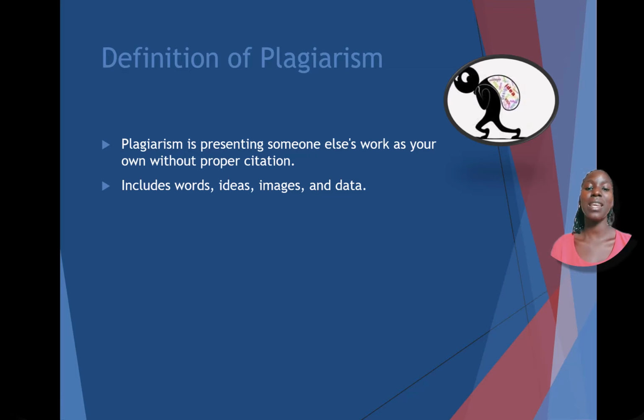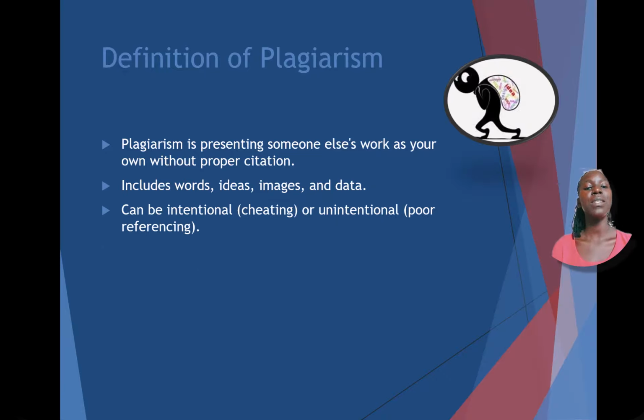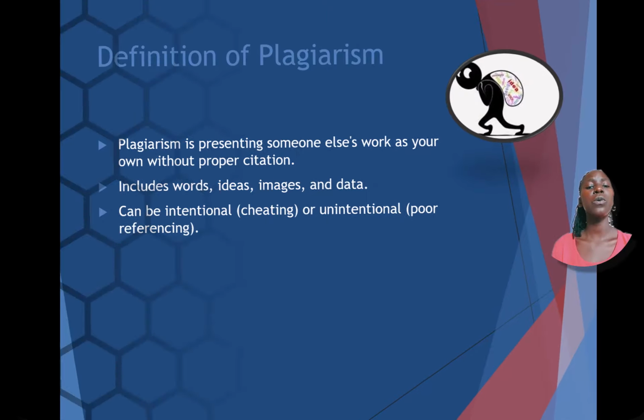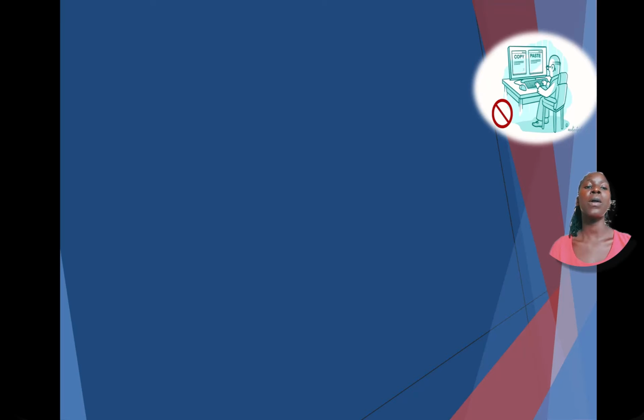You don't change anything. So you're using someone's work illegally without quoting everything. This plagiarism can be intentional or unintentional. Sometimes you're trying to reference but you reference poorly, so you don't give clear information. So that's the problem of using someone's work illegally without their permission.